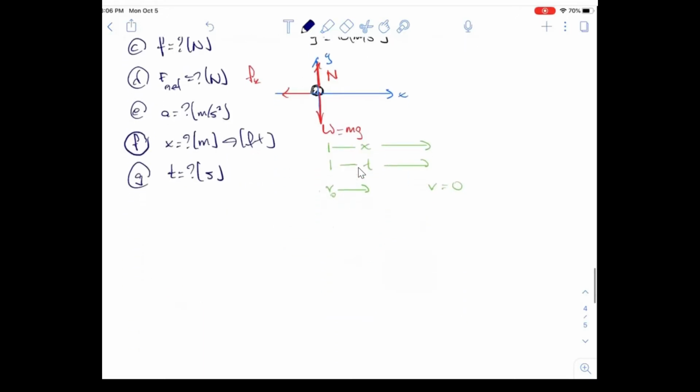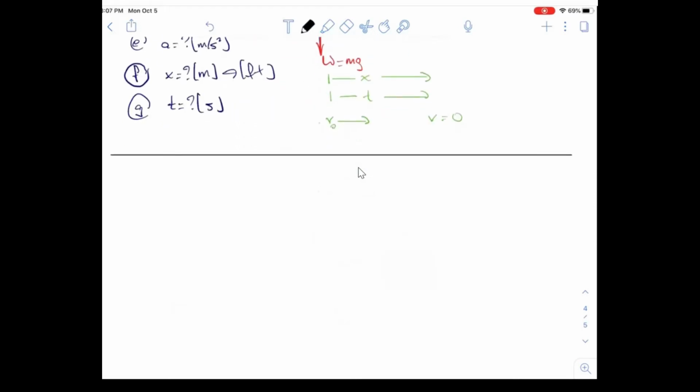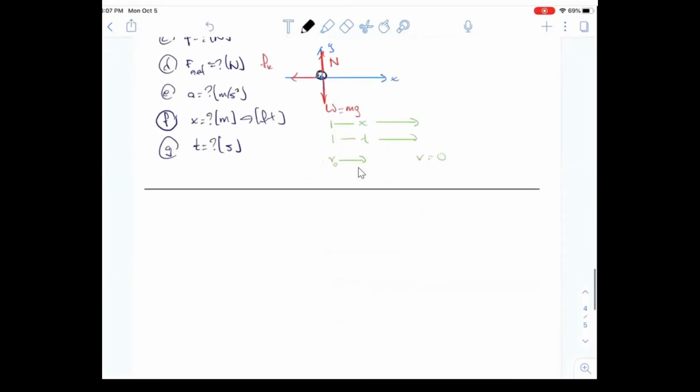Let's solve the problem one step at a time. I will break it down, and I'll do the algebra on the far left. A is determine the weight. The weight is straightforward, it's going to be mg. We'll have the car on the side, and then the truck on the side.